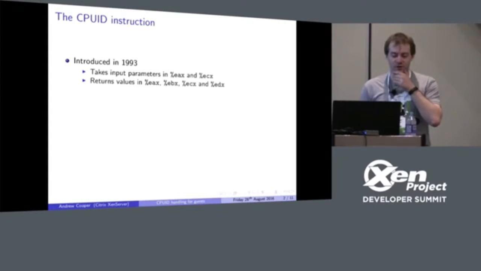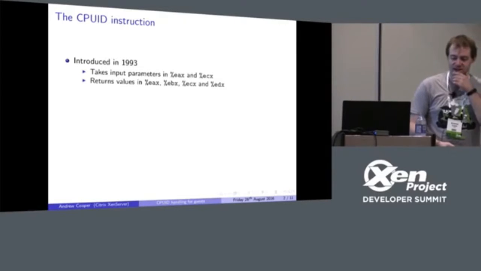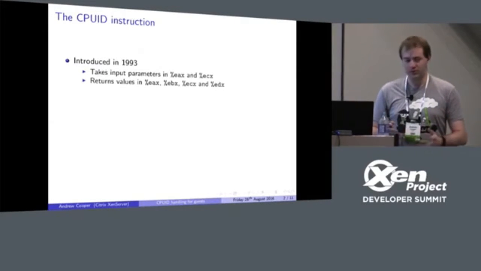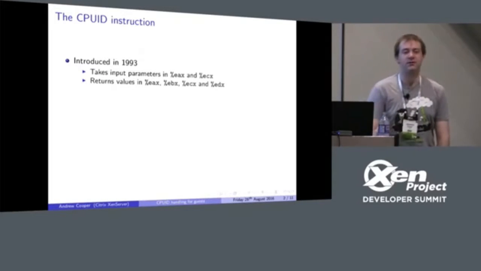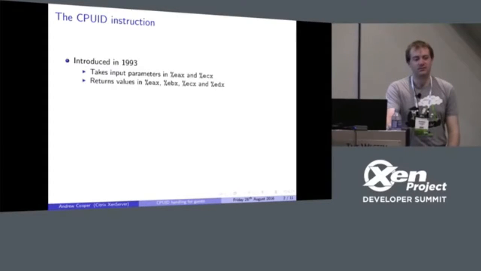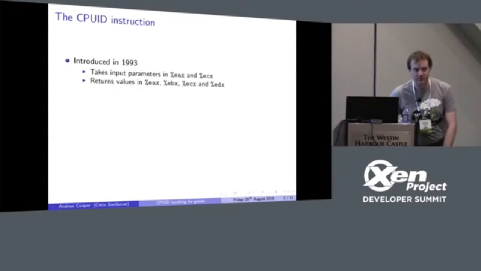For those of you who don't necessarily know all the history of x86, around about 1993 there was a big problem. There were a whole load of CPUs out and available, all touting brand new features, and no one really knew how to work out what was available to the software.